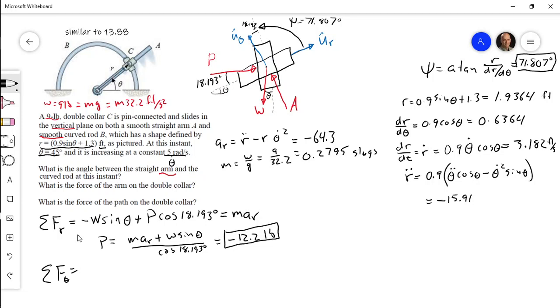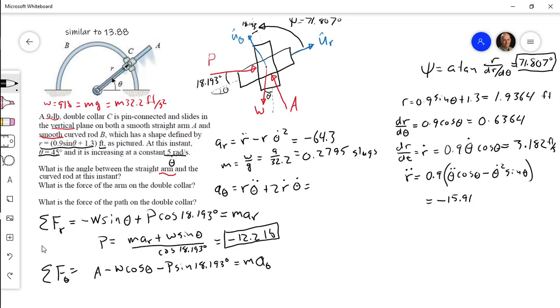Well, right off the bat we have A, and we're also subtracting the weight this time times cos theta, and we're subtracting a component of P, minus P sine 18.193 degrees, and that equals MA theta, and we have an expression for A theta, which is R theta double dot plus 2 R dot theta dot.